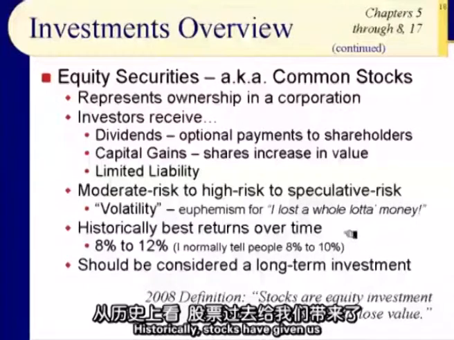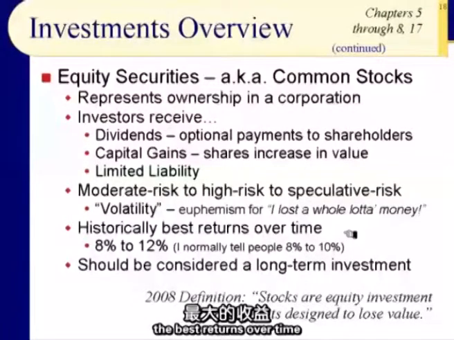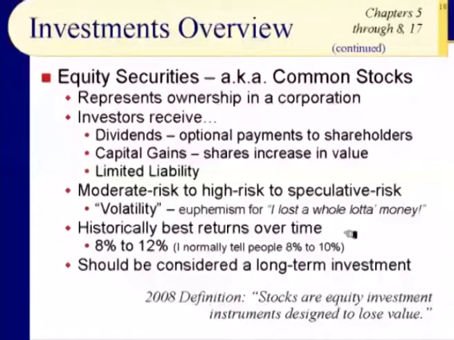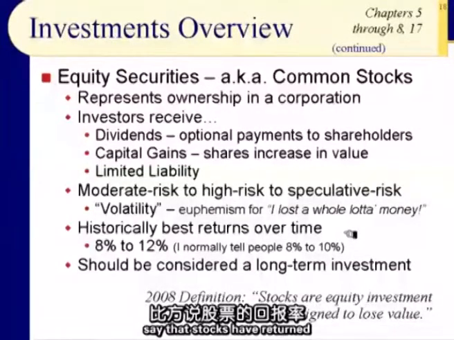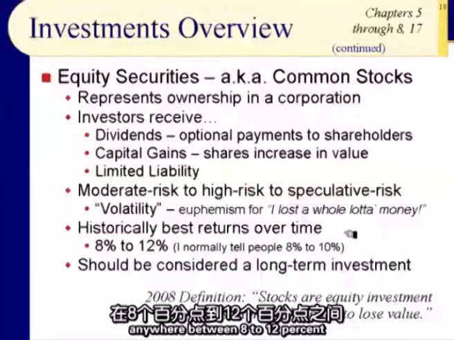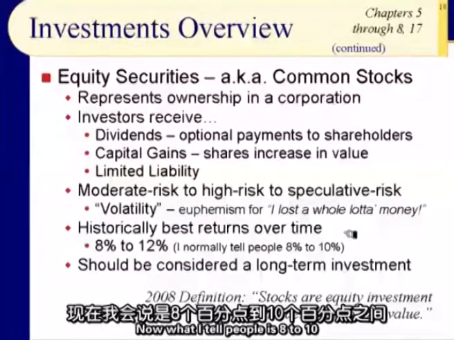Historically, stocks have given us the best returns over time. We can, with a lot of data to back us up, say that stocks have returned anywhere between 8 to 12%. Now, what I tell people is 8 to 10.